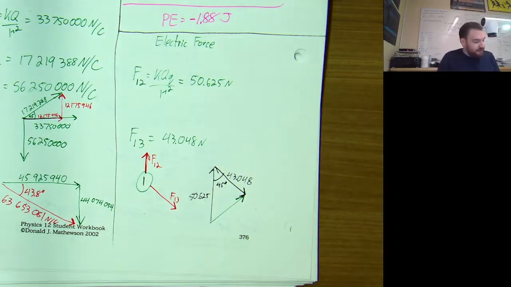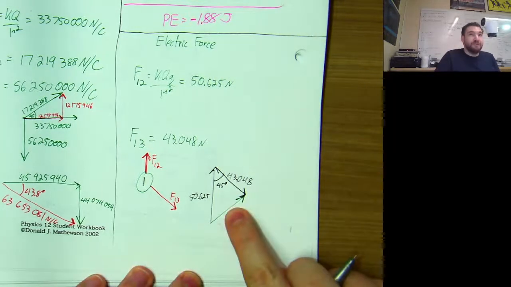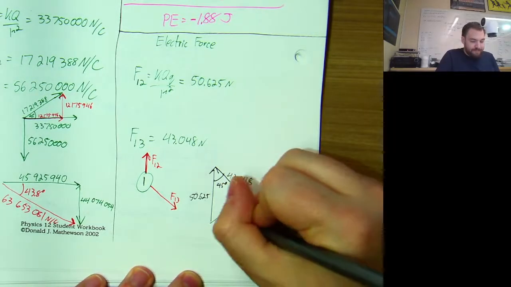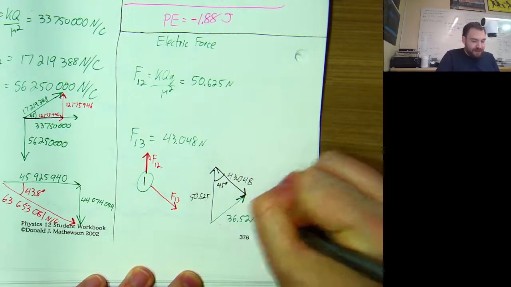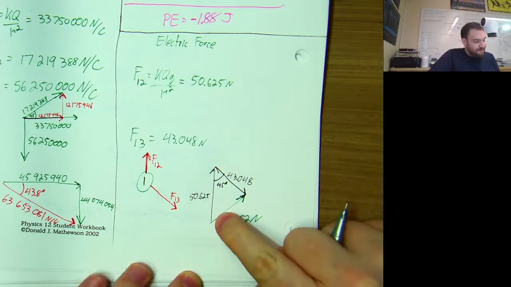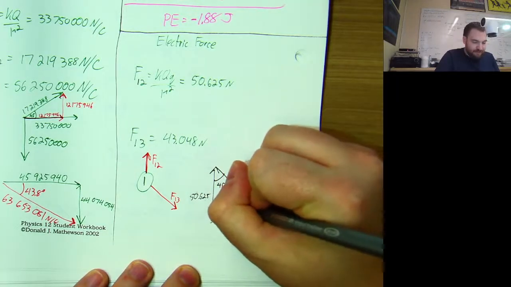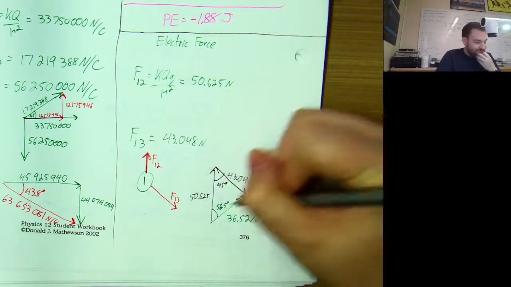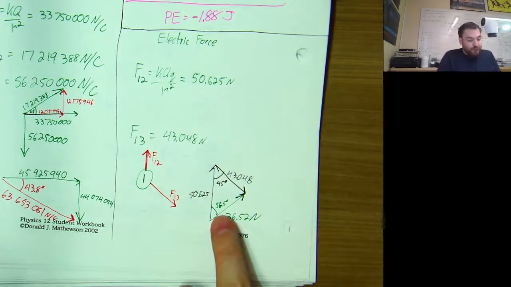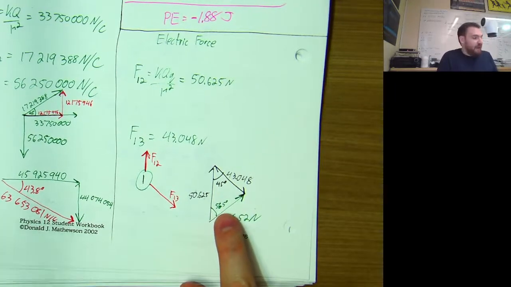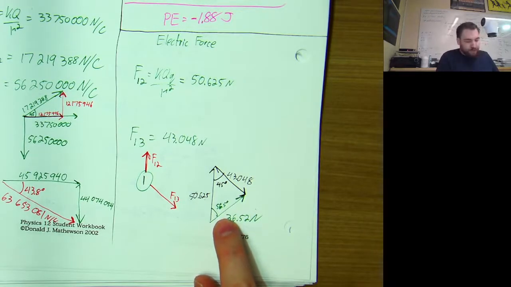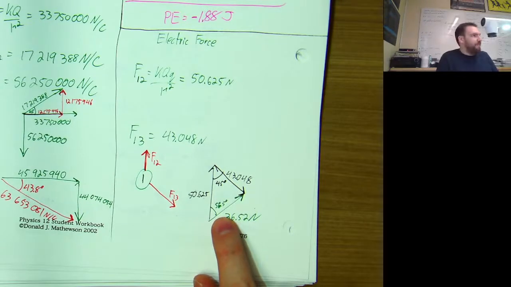Abigail, your value? Resultant, yeah. Love it. And your direction, that angle? Yeah, so you could say that this is 56.5 right of the vertical, or you found the 33.5 above the horizontal.